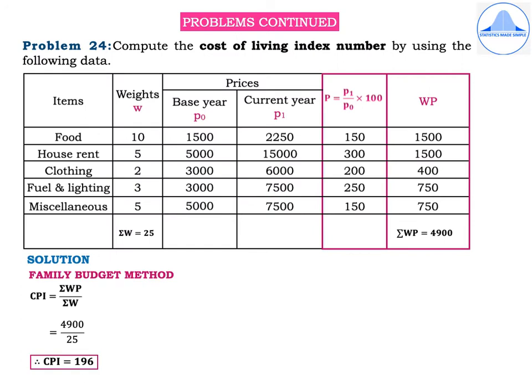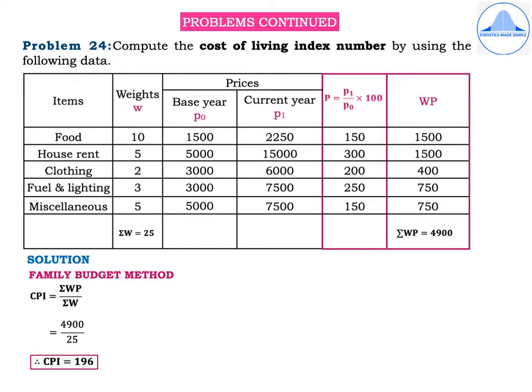Continuing with the problems, problem 24. Compute the cost of living index number by using the following data. In the first column, the items are food, house rent, clothing, fuel and lighting, miscellaneous. The weights are 10, 5, 2, 3, 5.